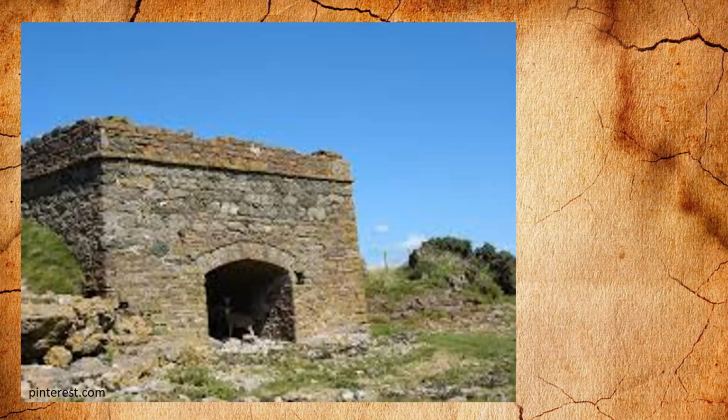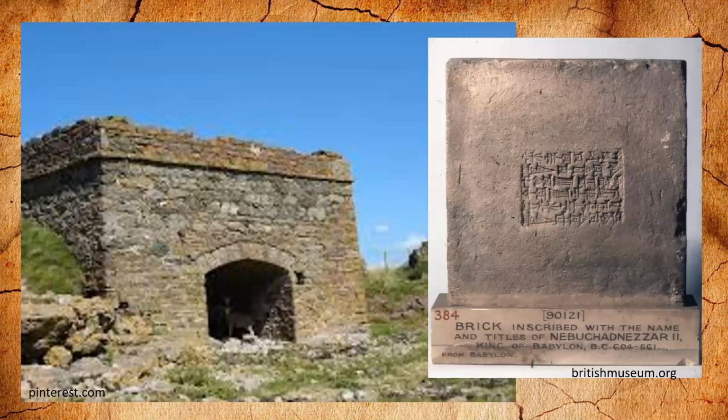Now, why would they do this? Well, these bricks that were fired in these ovens or furnaces were much harder and much more durable. They held up to the weather better. They made for stronger structures and so forth.